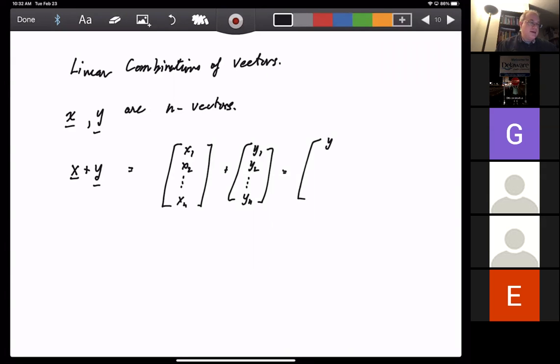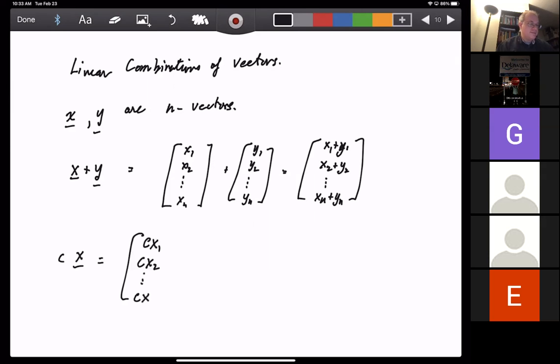And you do that just by adding corresponding components. And you could take a scalar multiple of your vector by just multiplying every component. Okay, so adding or equivalently subtracting vectors and multiplying by a scalar are the linear operations.